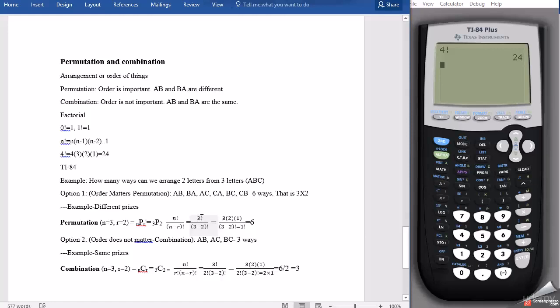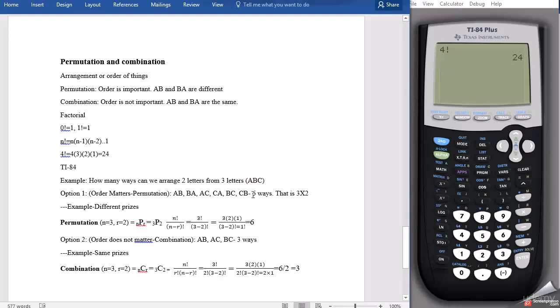So 3 factorial is 3 times 2 times 1, which is 6. Then n minus r is 3 minus 2, which is 1, and 1 factorial is equal to 1. Okay, so the answer is 6. So you can see that we got the same thing as we got right here.